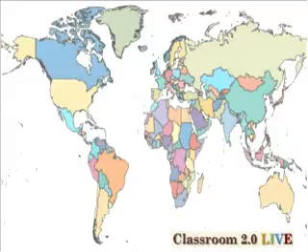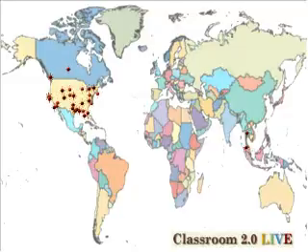So if everybody would now click on that laser pointer tool and then indicate your location on the world map. We're seeing lots of North America and Canada. We have Thailand represented.